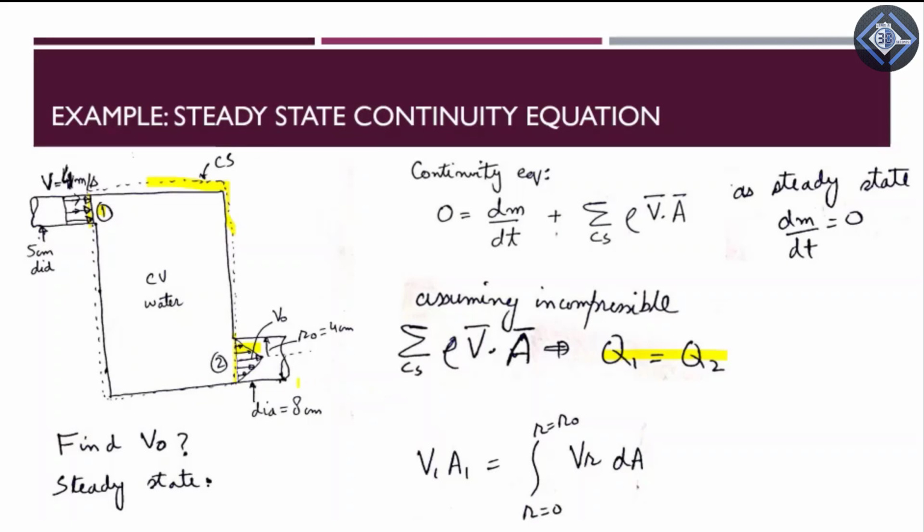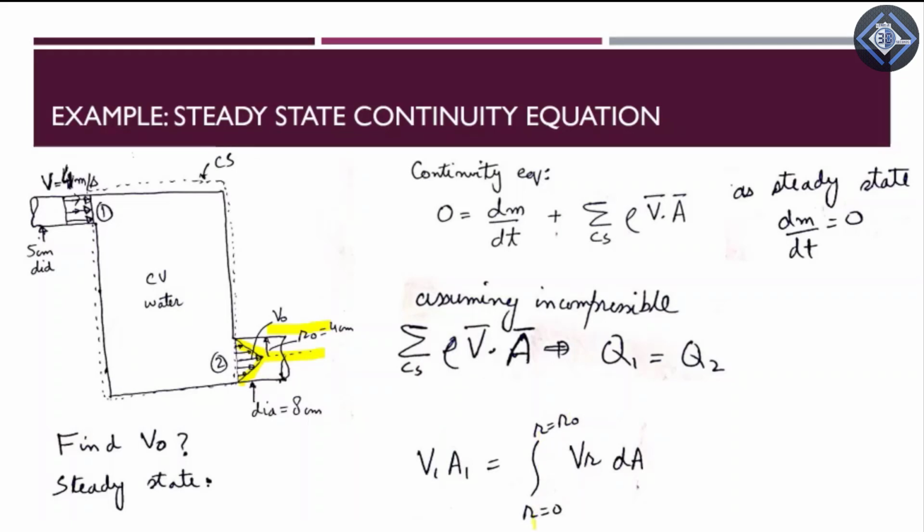and for section 2, the volumetric flow rate at section 2, we know that this velocity profile at section 2 is not uniform. This is a non-uniform velocity profile, actually a linear velocity profile. So we'll have to integrate from r is equal to 0, which is over here, to r is equal to r naught, which is 4 centimeters.